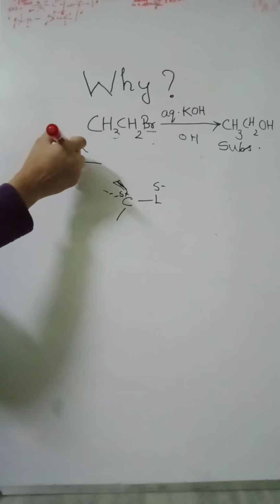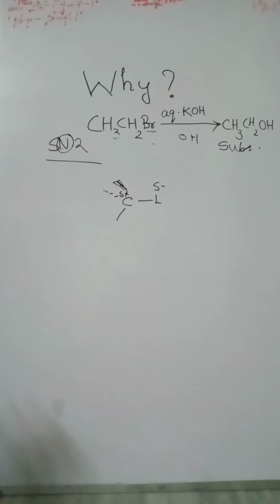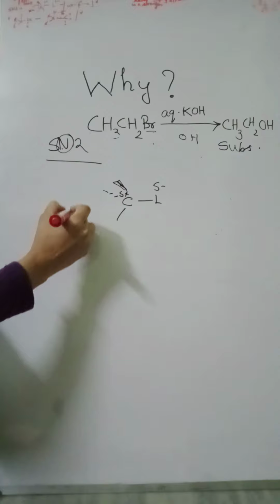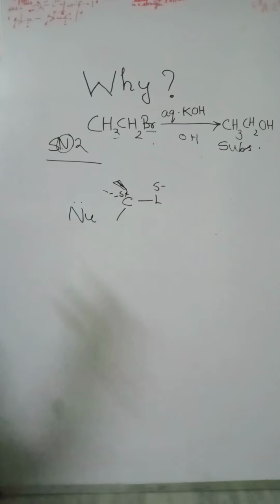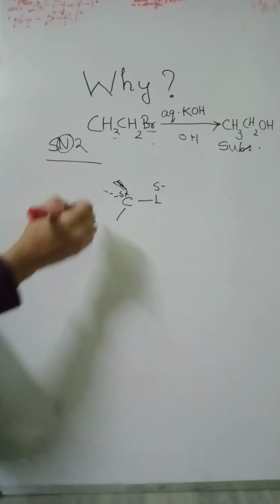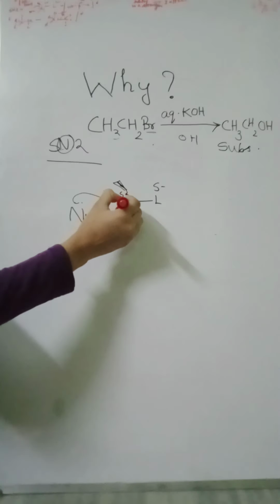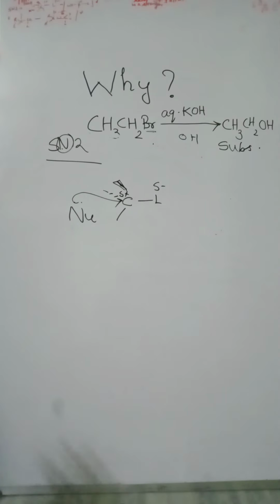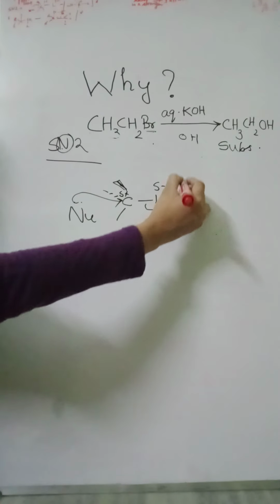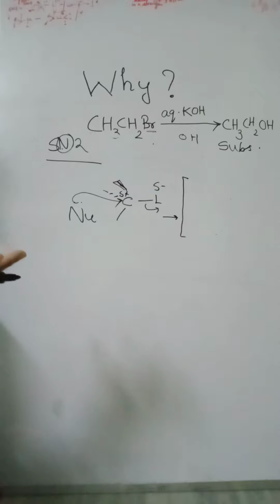And if I am saying N, what does this N symbolize? Nucleophile. So a nucleophile carrying either a lone pair of electrons or a negative charge will prefer the soft center, the carbon atom. Due to this attack, what will happen? This bond will weaken. So the next step will be the formation of the intermediate.